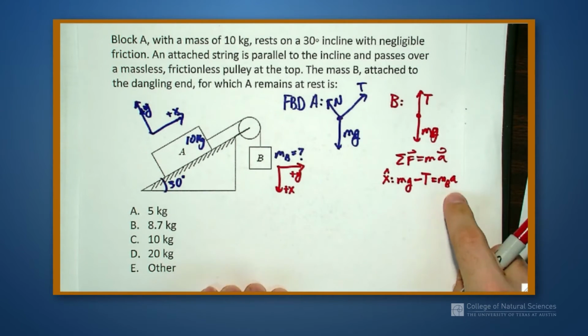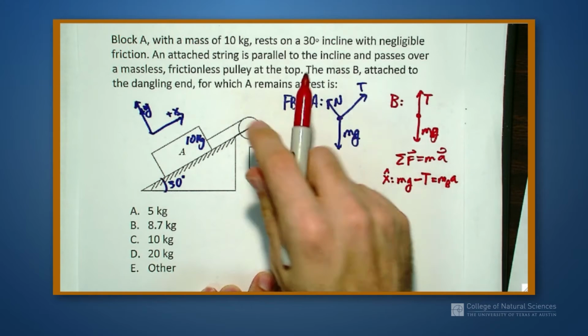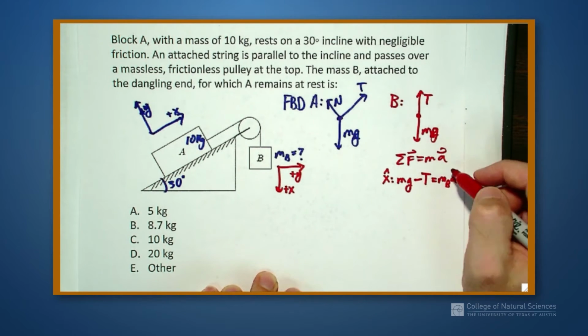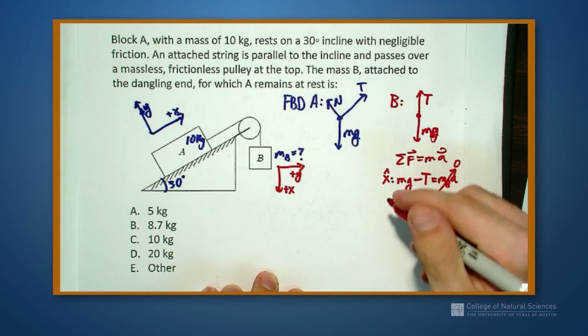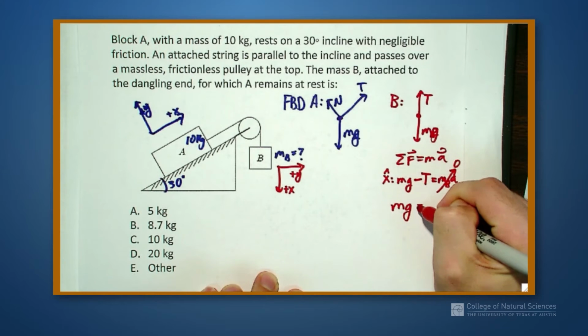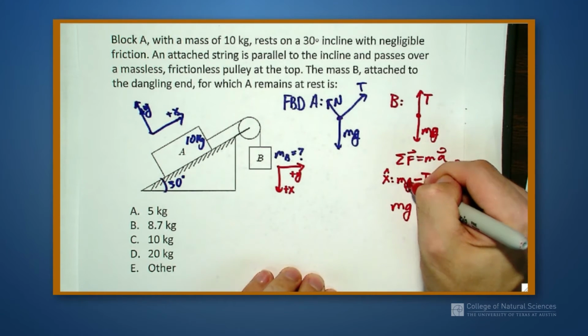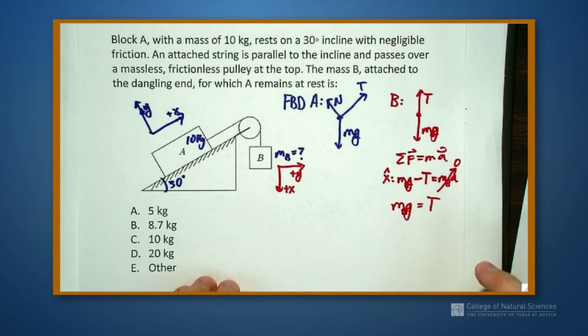Well, when I look at this case, if I actually think back to my picture and what the problem is asking me, it says that this thing's not moving. So in this case, my acceleration is going to go to 0. So this gives me mg is equal to the tension in the string. And this is mg of B. Keep forgetting to draw that. It's in red, so I am labeling it, but I should be a little bit more clear.